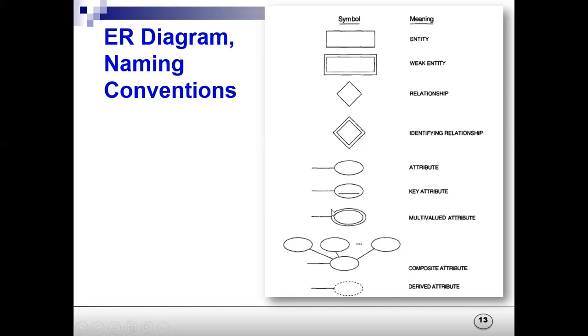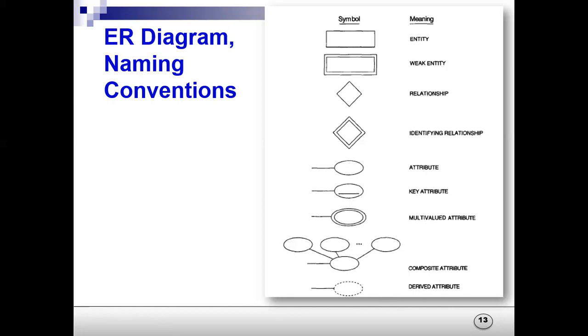Multi-valued in double ovals. Composite, that is you have a name, right? So you will write the name here and it will break down here. And a derived attribute like this. So for now, what I suggest is, please take a screenshot of this one so that you remember while doing it.